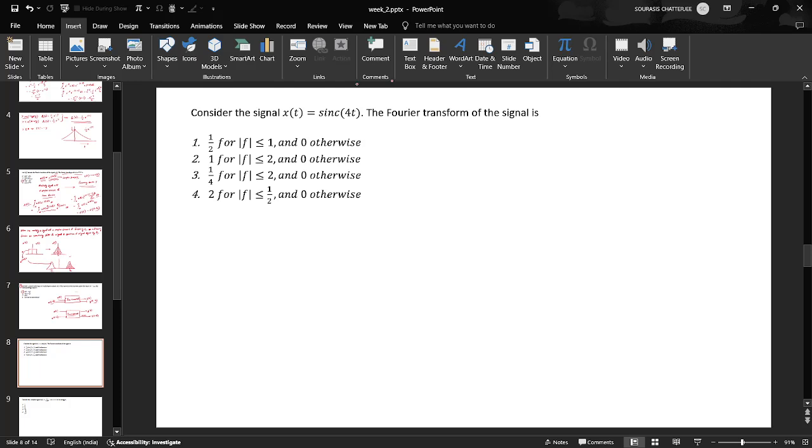In the examples you have seen that if you have a pulse signal in time domain, that would lead to a sinc function in frequency domain. This is frequency domain, this is time domain.